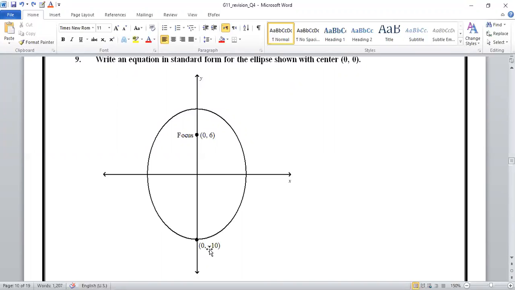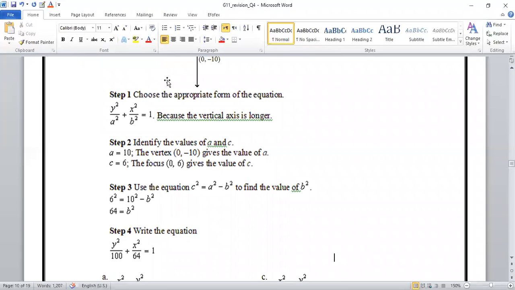We know that in this figure the major axis is vertical, along the y axis. So we will choose the appropriate form of the equation: y²/a² + x²/b² = 1, putting the major axis value above a².